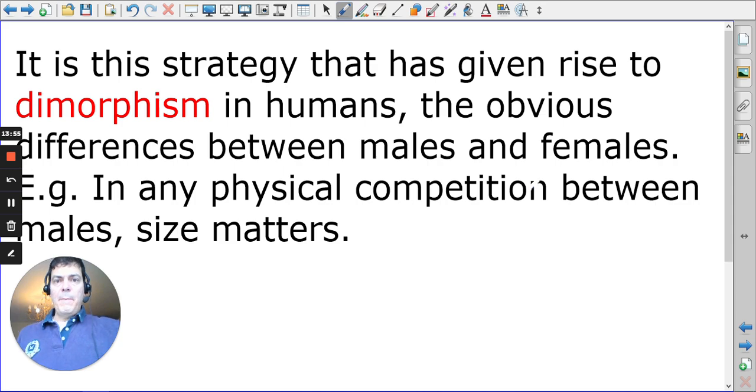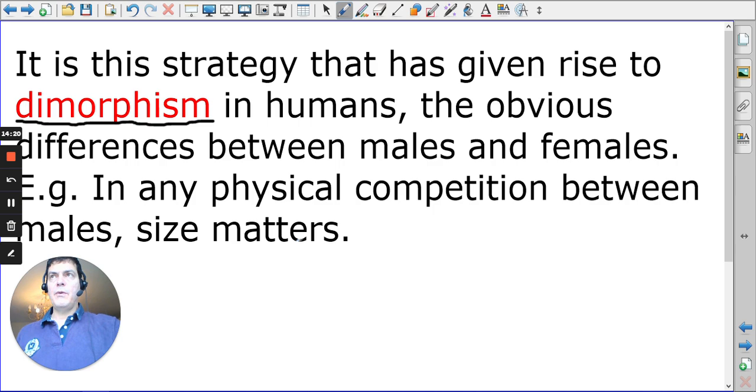And so this is a little subsection of intersexual selection. We have something called dimorphism. We see that these sexual selections potentially change how humans evolved over time. So, for example, men growing bigger because size matters in terms of competition.